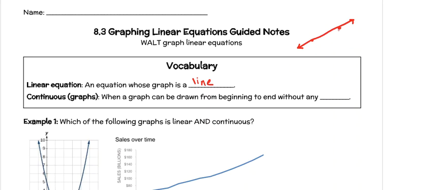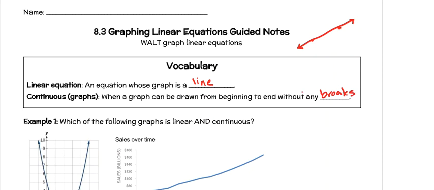It's just straight. It's like you and a friend are 2 points and you have a string and you hold it taut. That creates a line, right? Continuous graphs: a graph can be drawn from beginning to end without any breaks.